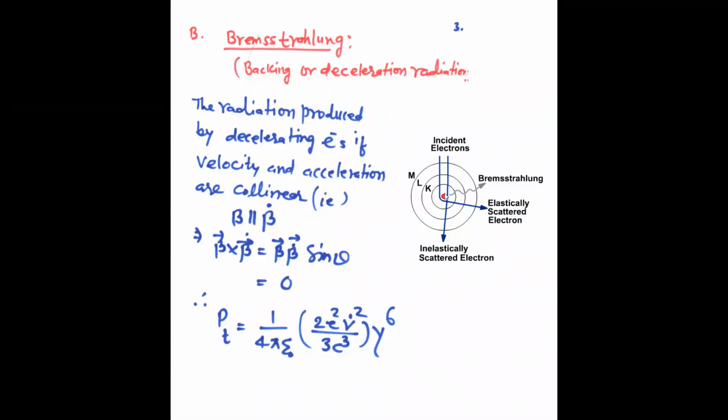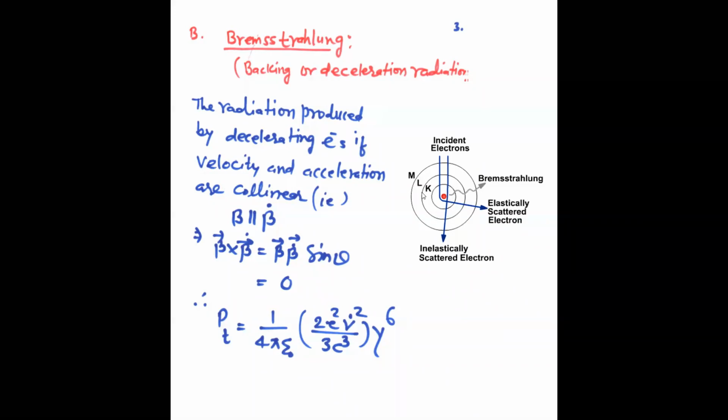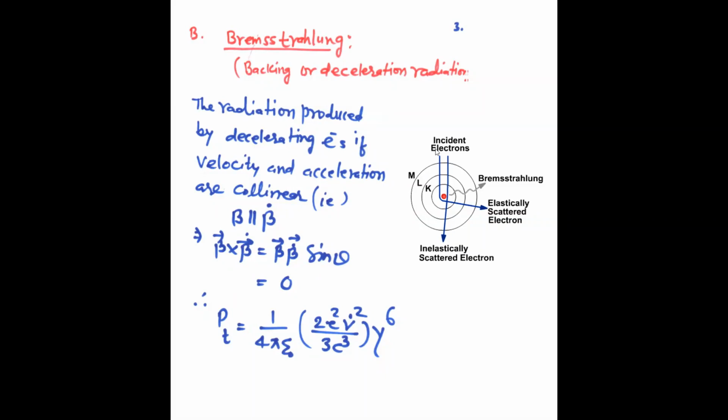The energy before collision is equal to the energy after collision, so the energy and momentum both remain conserved here. But in the second case, inelastic scattering, the electron is scattered by the atom, and the energy may be increased or decreased.